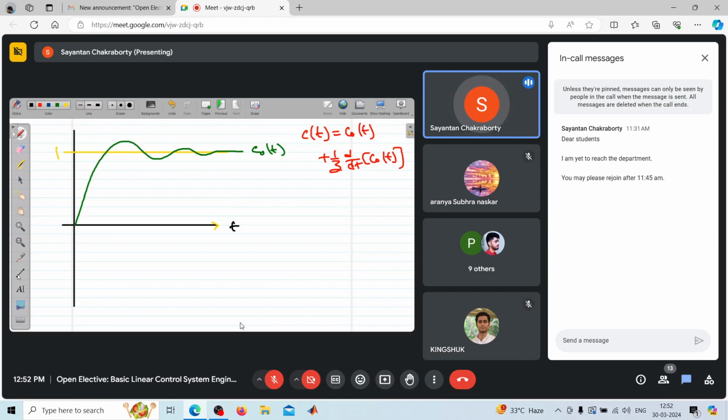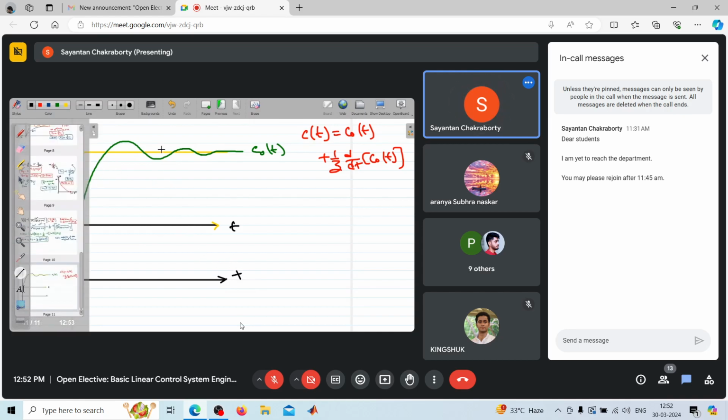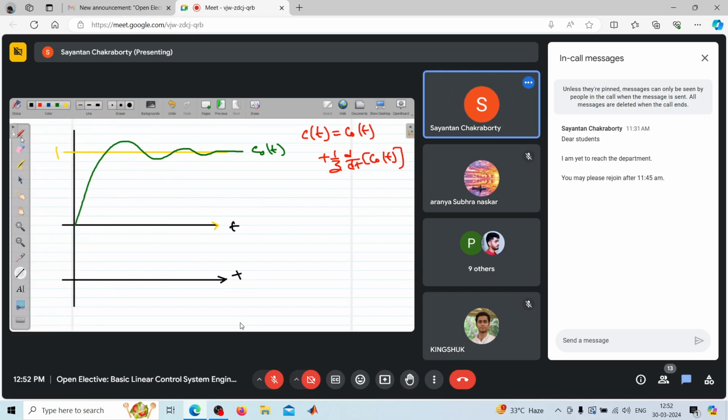Now why don't you calculate what should be the value of d/dt for 1 by z?